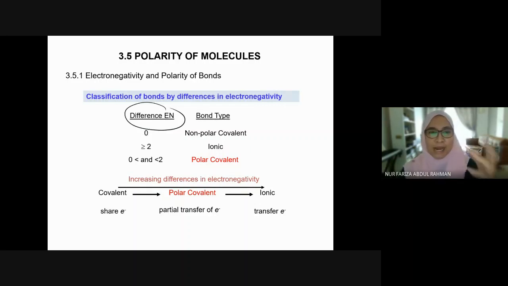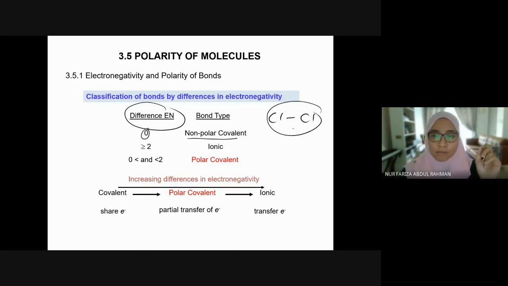If we subtract the electronegativity values of the two atoms and we get 0, it is considered non-polar covalent, like Cl2 just now. Non-polar means there is no pole, no dipole formed, because they share the bonding electrons equally.